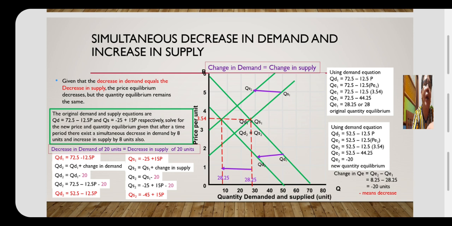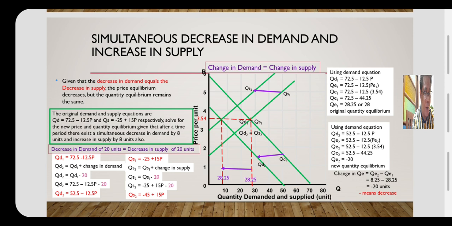It should be where QD sub 2 equals QS sub 2. But look at the value. The value of quantity equilibrium is actually to the left of 10. And something is wrong here. Yes, so it should not be 20.